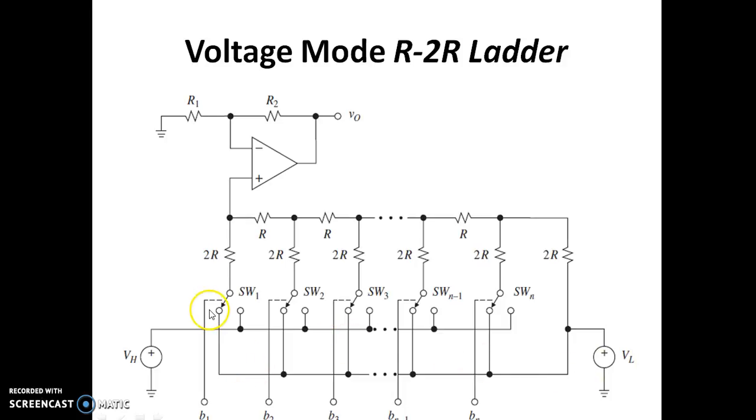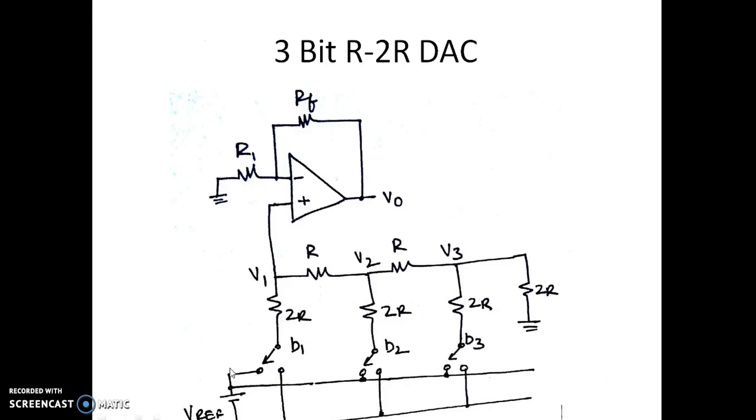As you can see now, since this node is connected to V plus, this is B1, which is the MSB, and the bit which is connected to this switch will be BN, that is the LSB. So let us take a specific example of a 3-bit DAC.